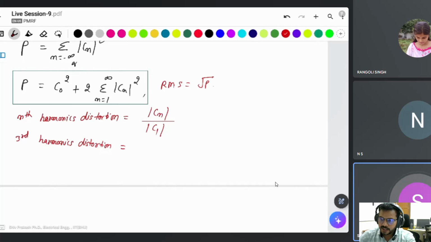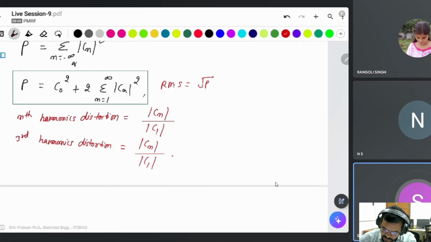But if there is another waveform, like a square or rectangular waveform, a periodic waveform, then its representation has the fundamental time period or fundamental frequency, and the remaining are harmonics. Which harmonic is more affected, you can calculate by this formula. For the third harmonic, take the magnitude of the third harmonic divided by the magnitude of the fundamental.